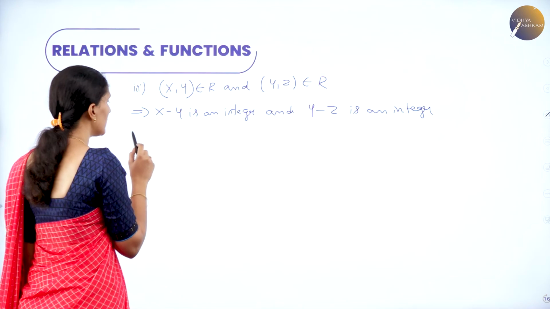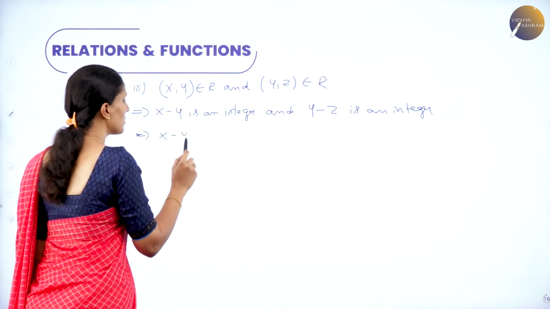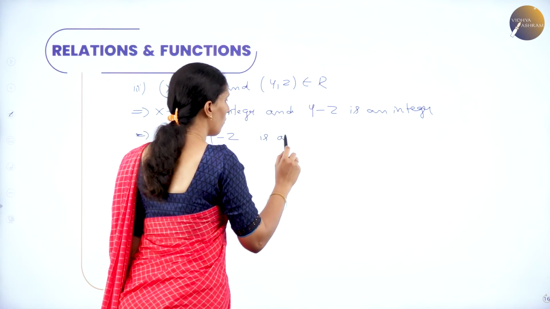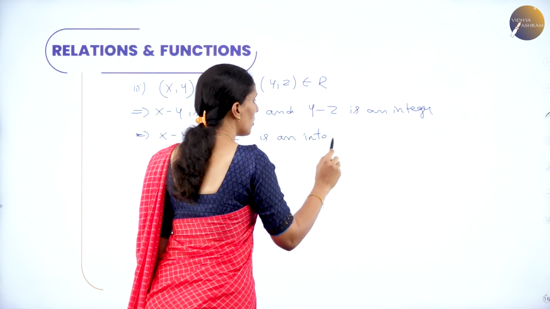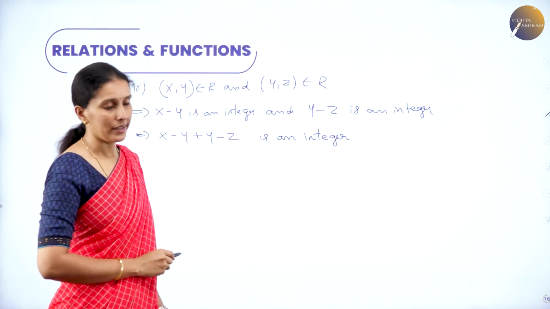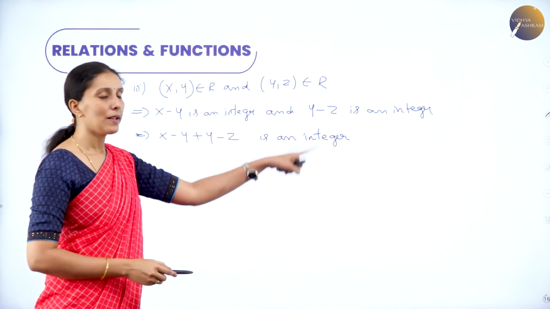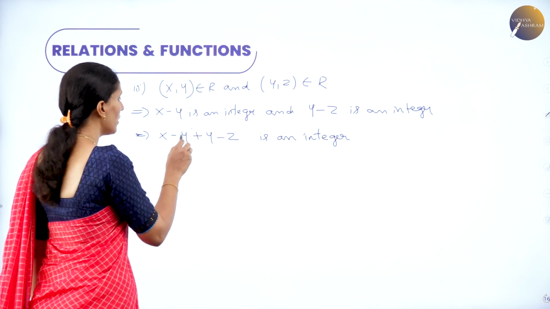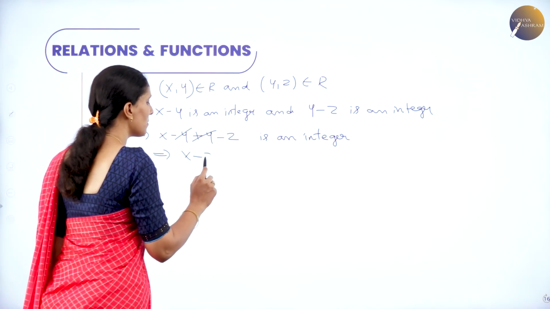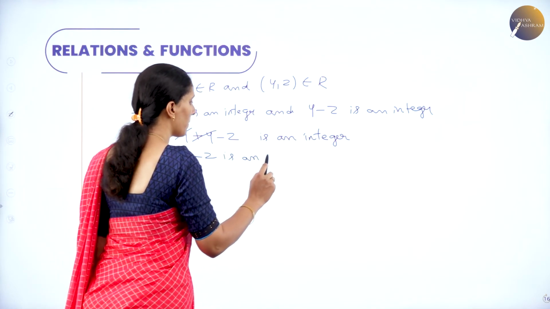Take the sum of these two, x minus y plus y minus z. This is also an integer. Why? Because the sum of two integers is again an integer. We can cancel minus y plus y. This implies x minus z is an integer.